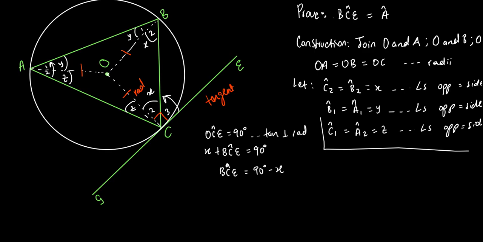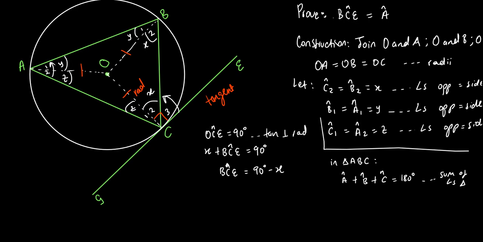You get me? So now, the last thing would be, like we did before, to add all angles in this triangle. So you tell them that you can write, in triangle ABC, angle A plus angle B plus angle C is going to give us 180, sum of angles in a triangle.